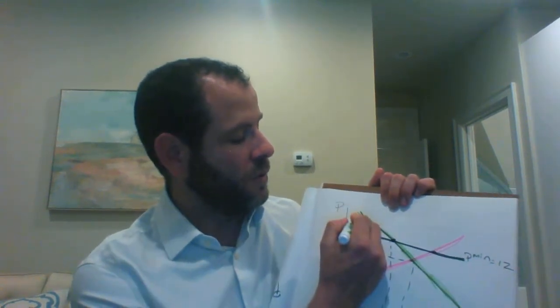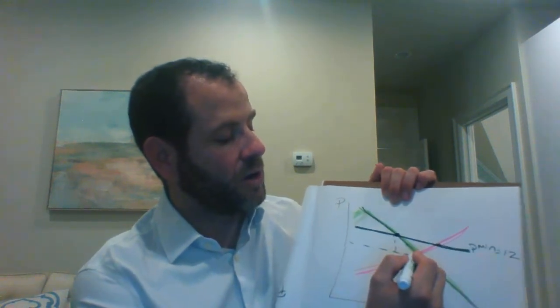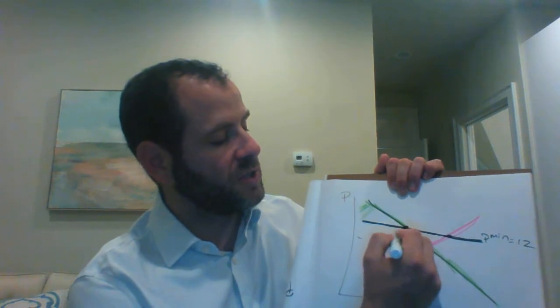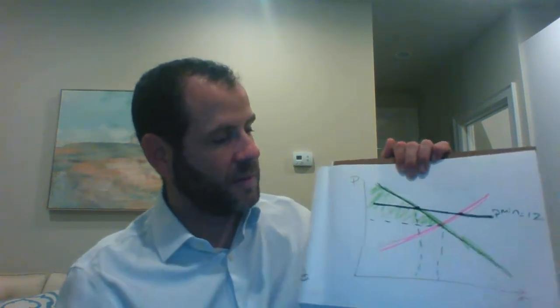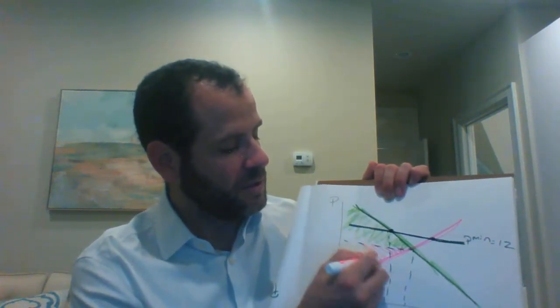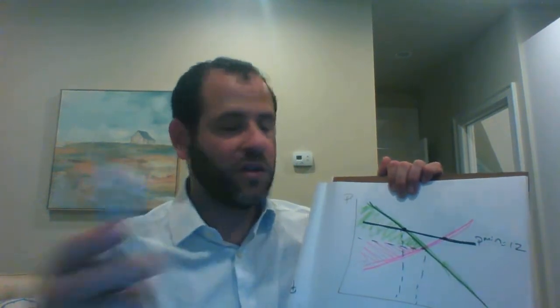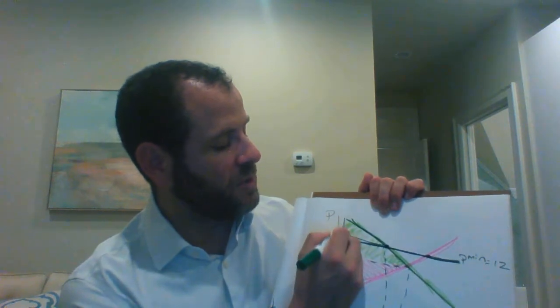So let's look at where the consumer surplus was in the equilibrium with no price floor, the green area, producer surplus, pink area, right? Now let's look at it with the price floor in effect. So the consumers are getting this much.